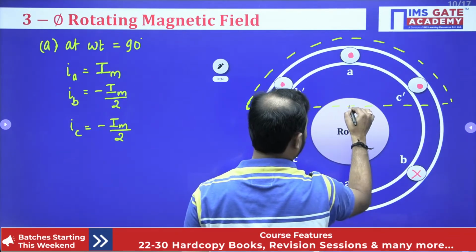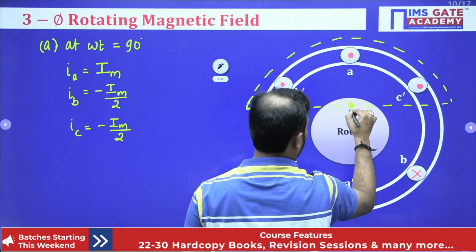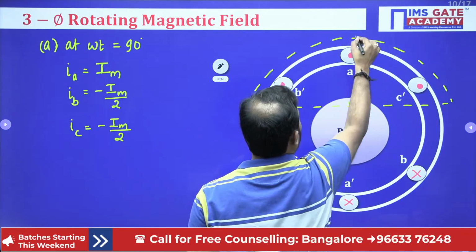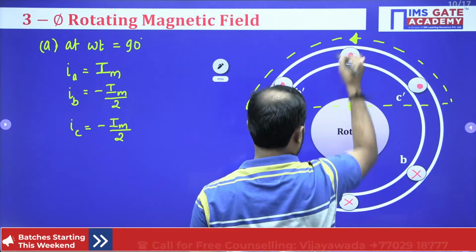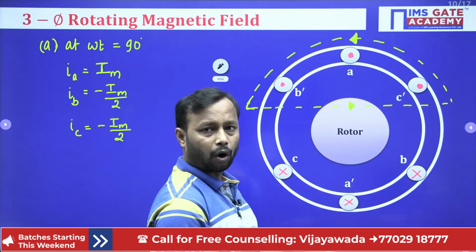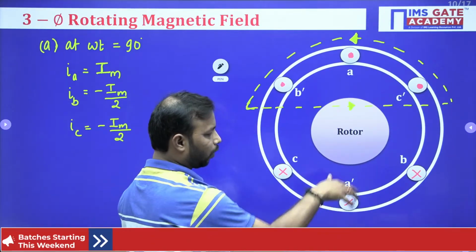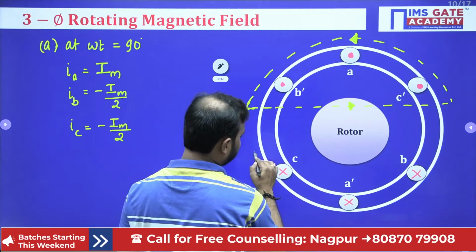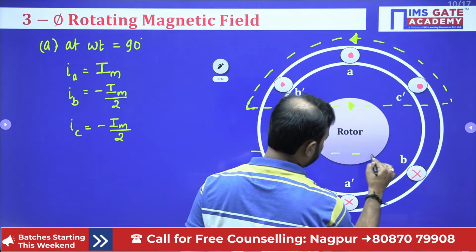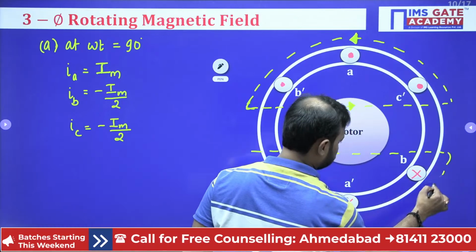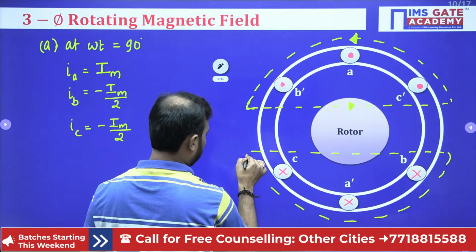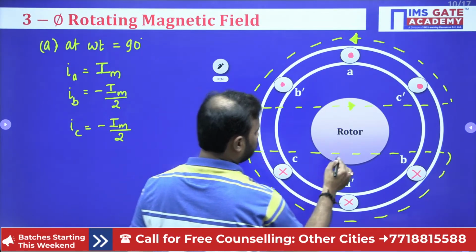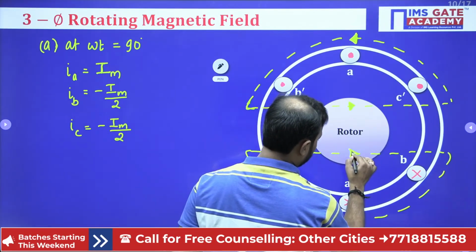So here the direction is anti-clockwise. And the cross here is inward, so clockwise direction. Like this.